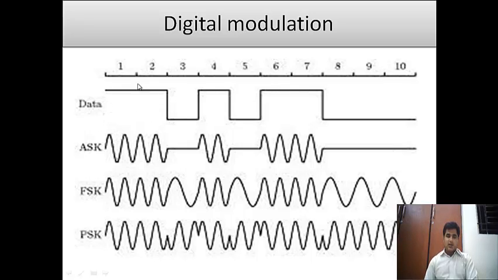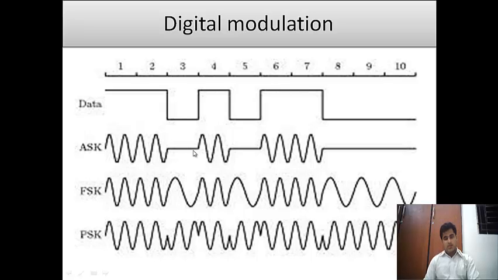The first is amplitude shift keying. In amplitude shift keying, values are represented by different amplitudes of the carrier. Here, the presence of the carrier signal represents one, and the absence of the carrier signal represents zero. Whenever one comes in the input, our output is the carrier signal, but whenever zero comes in the input, the output is nothing, the absence of the carrier signal.